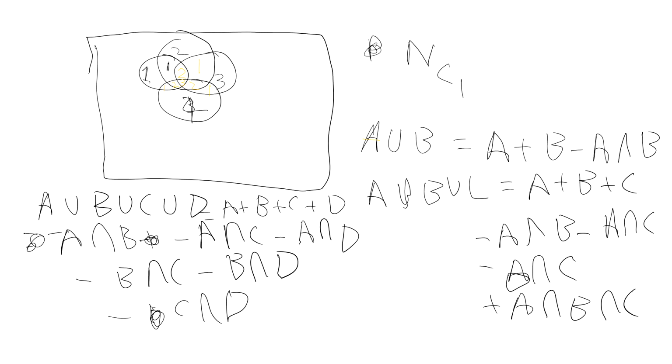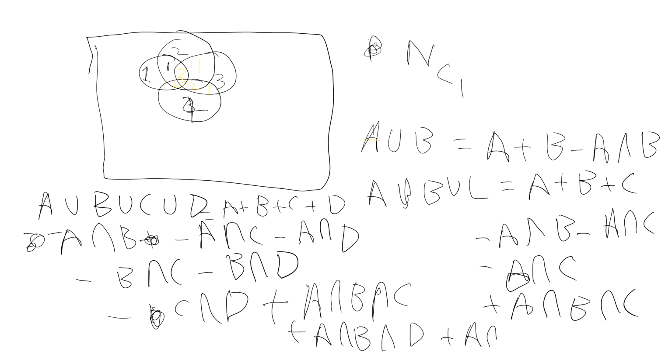Then you are adding A intersection B intersection C plus A intersection B intersection D plus A intersection C intersection D. Then you are adding B intersection C intersection D. Then ultimately you are subtracting A intersection B intersection C intersection D. This is something called the inclusion-exclusion principle in probability, and I will try to explain it better in probability terms.